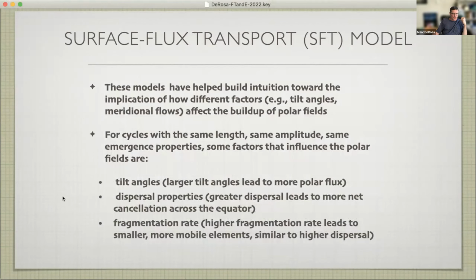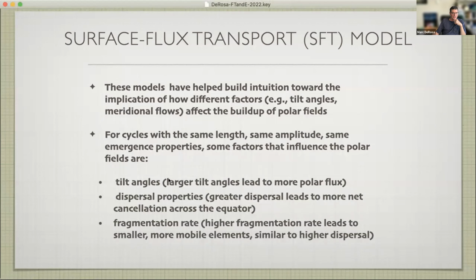I've done some experiments with cycles, trying to keep some things constant while adjusting other things. And it seems pretty clear to me that for cycles with the same length in time, same amplitude of solar maximum, and same emergence properties as given by that distribution I showed earlier, the factors that influence the polar fields are tilt angles.